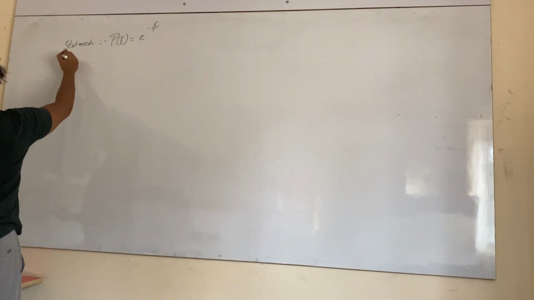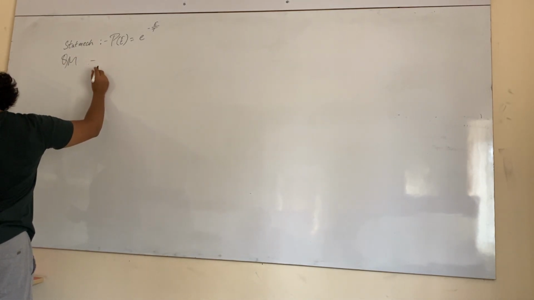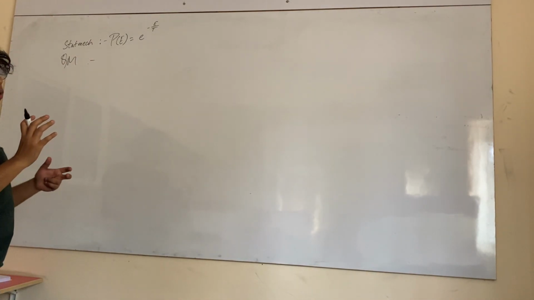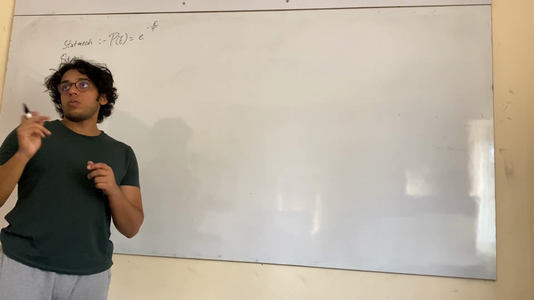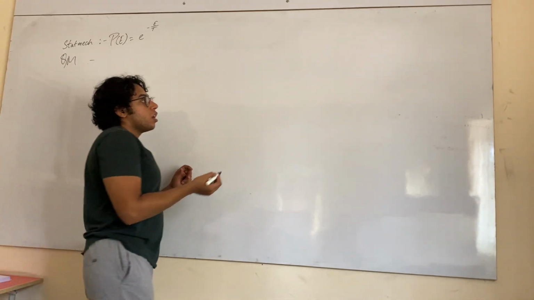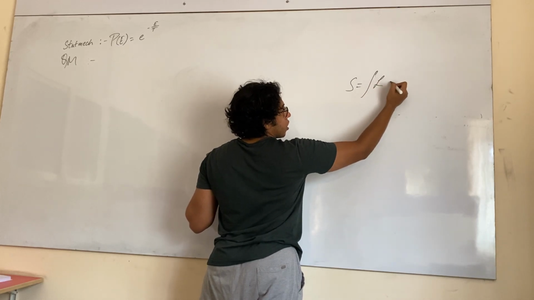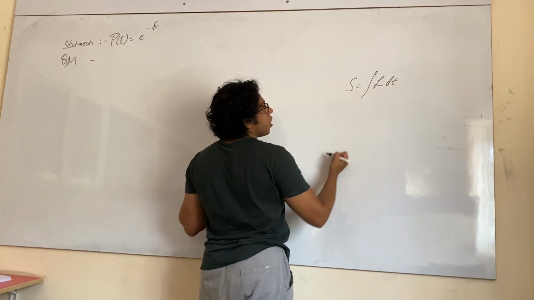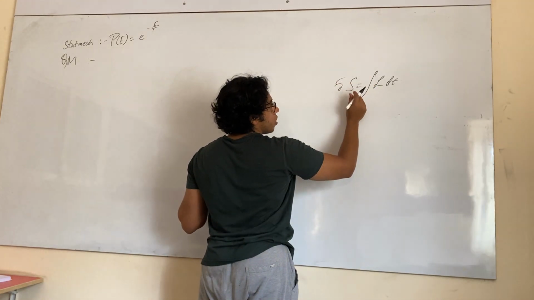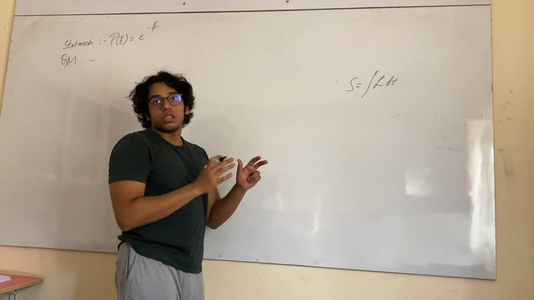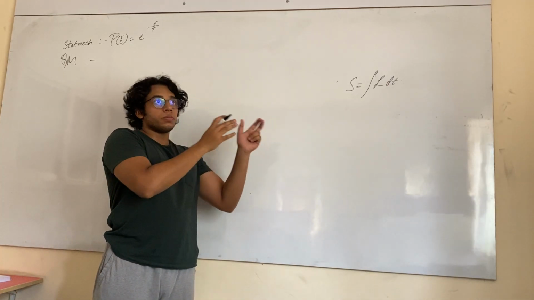And in quantum mechanics, consider the probability of a particle moving along a path with the action S. In classical mechanics, S is equal to the integral of the Lagrangian dt, right? This is the action, and once you minimize it, you get the Euler-Lagrange equation. You know how the principle of variation works, right?